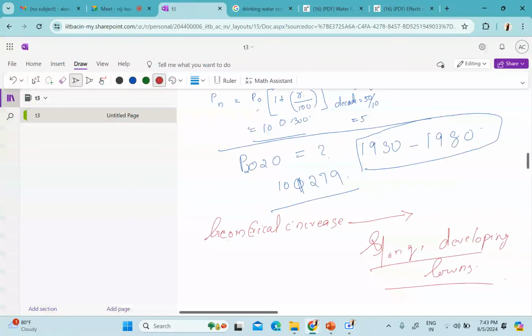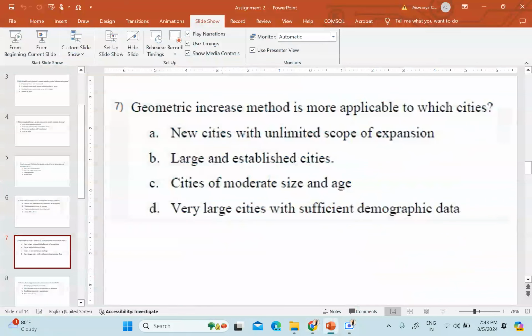Oh no, option C is wrong. See here, the geometric increase method is applicable to which cities? The option is A, new cities, that I have explained to you, young and developing cities which have unlimited scope of expansion.